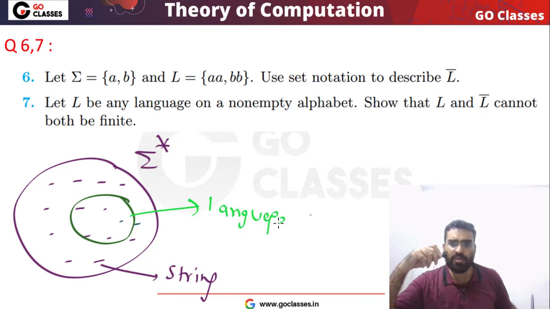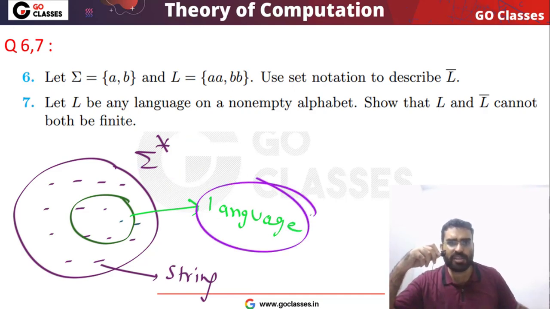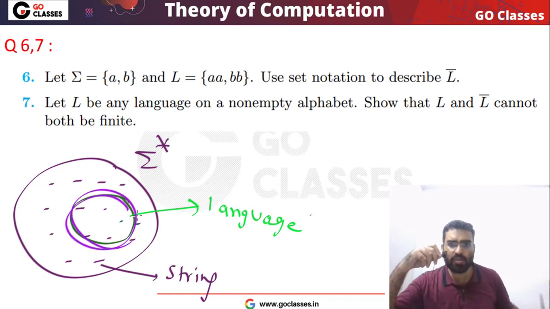So by definition, a language is a set of strings, and sigma star is the set of all strings.